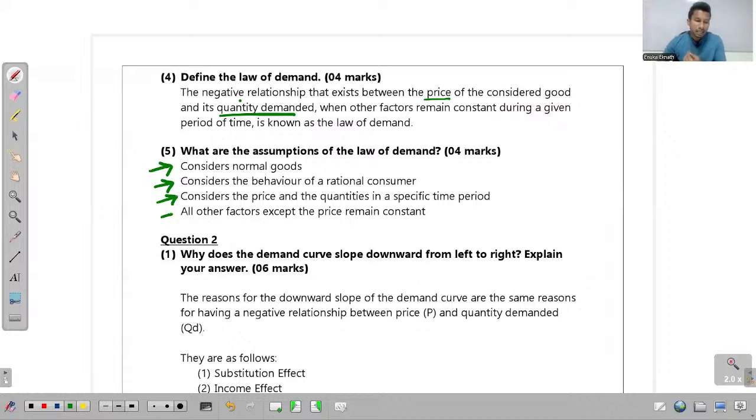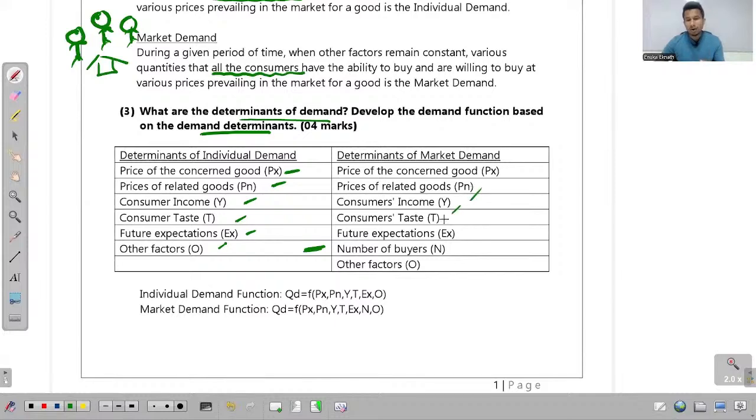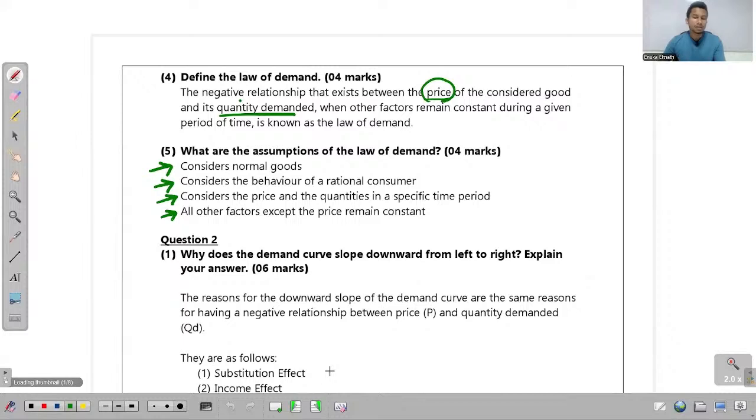And also, when we define the law of demand, except this price, all the other factors that we discussed here remain constant. That's the fourth assumption. So I repeat this part again. This law of demand is true only under these four assumptions.